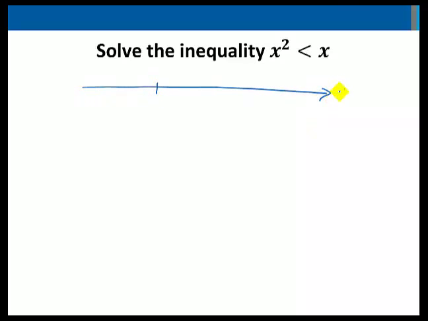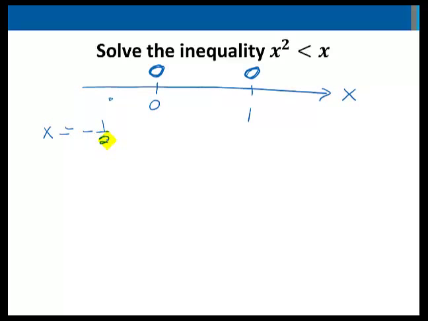So here is my x number line. I have 0 and 1 on here. And I want to put a big 0 above each of those because I know that my function f of x, which is x squared minus x, is equal to 0 at those points. I will next find some test values to see what's going on in each of these intervals. In the first interval, let's choose a test value of x equals -1/2.